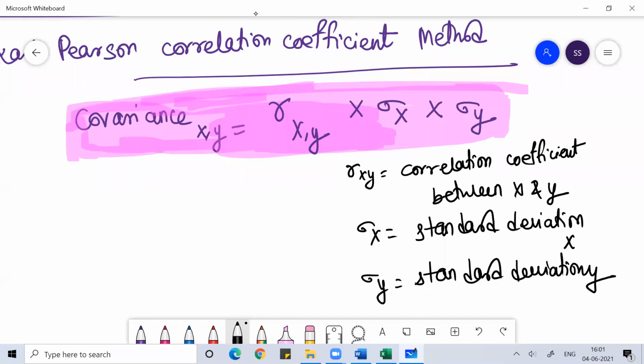Covariance between x and y is equal to R of xy into standard deviation of x into standard deviation of y. Covariance is basically the risk which comes into the picture whenever two variables come together. The mutual attraction and repulsion will create a new kind of risk which we call covariance.